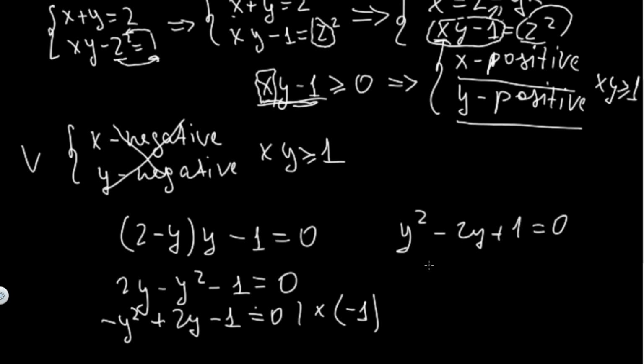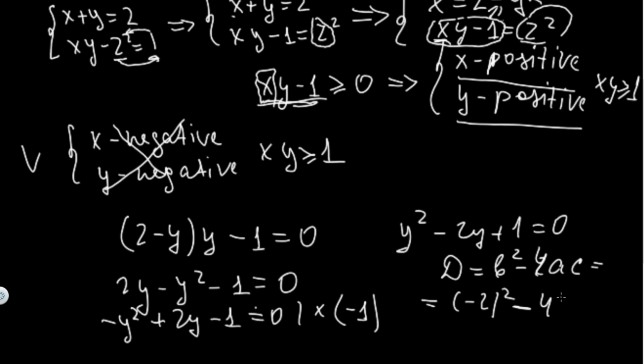We can solve this quadratic equation by finding the discriminant. The discriminant is b squared minus 4ac. B is minus 2, squared, minus 4 times a which is 1, c is 1, so we have 0.